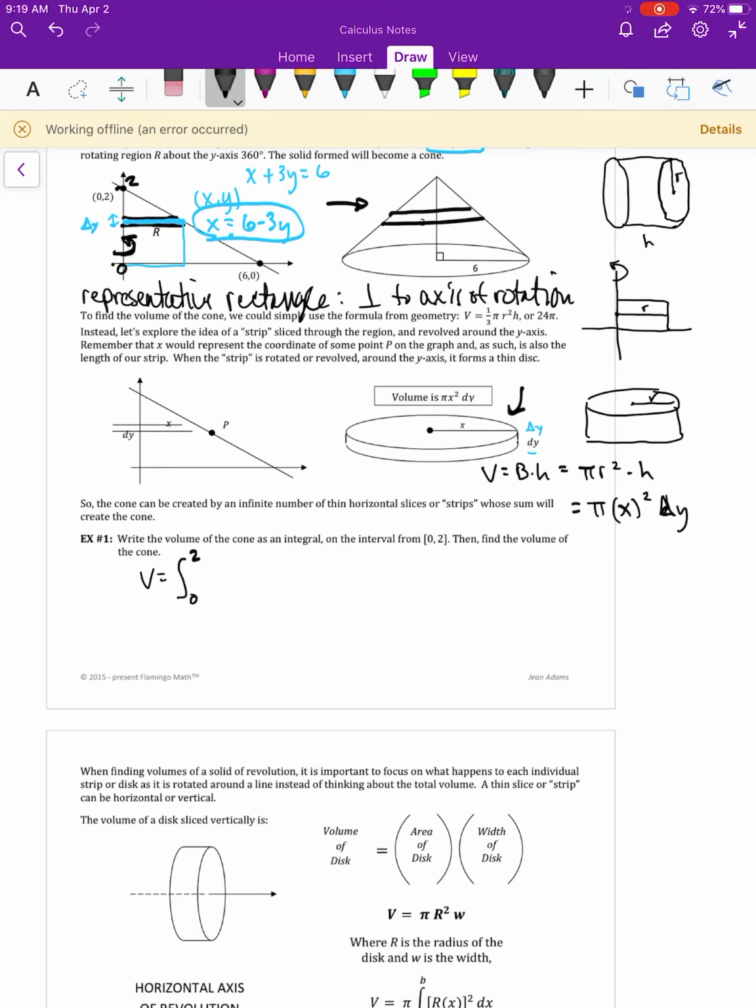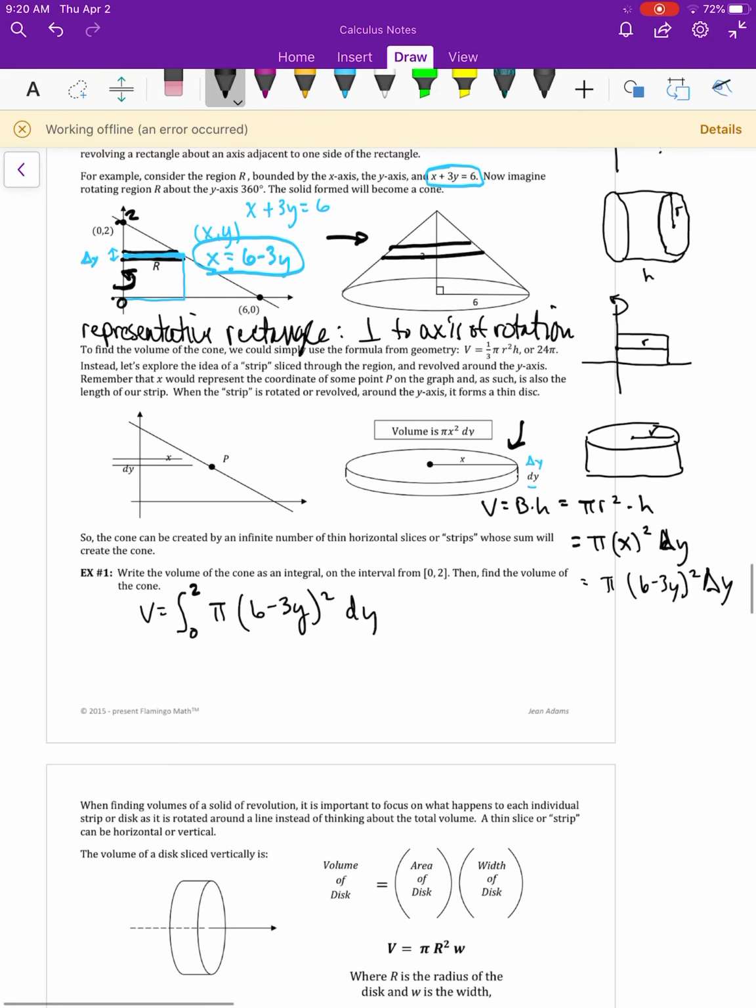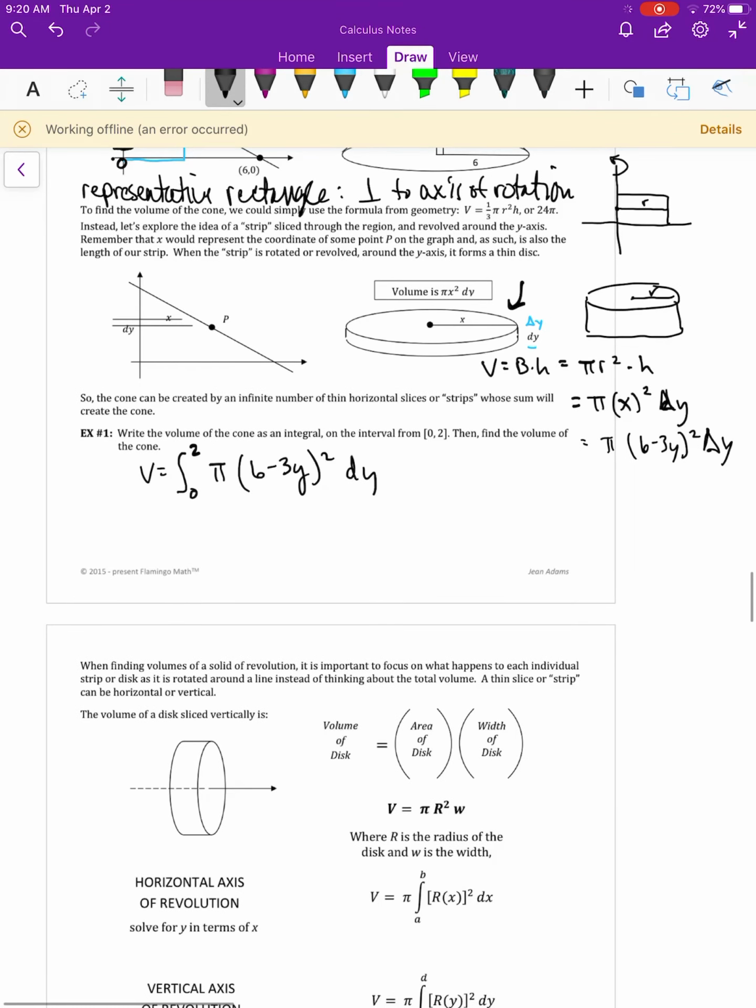Your x for this particular problem is your 6 minus 3y, times delta y. So that's the volume of this disk. You're going to add up infinitely many of them, so that's why we're doing integration. The integration means from 0 to 2, we're going to add up infinitely many of these, and we end up getting the volume of that whole cone.